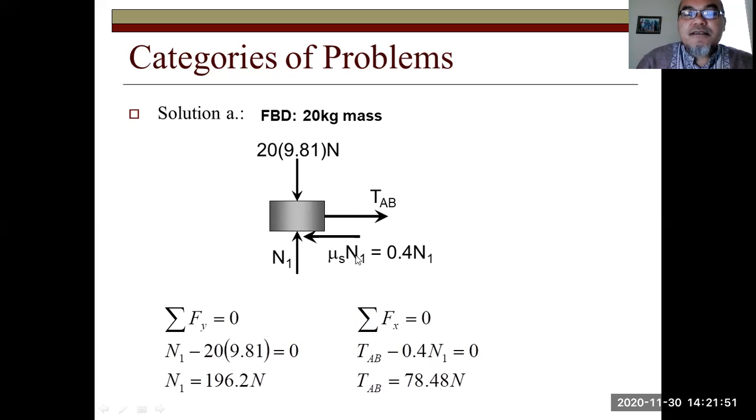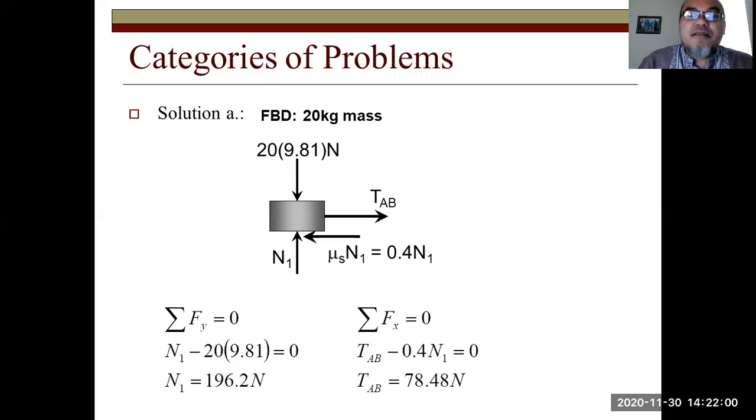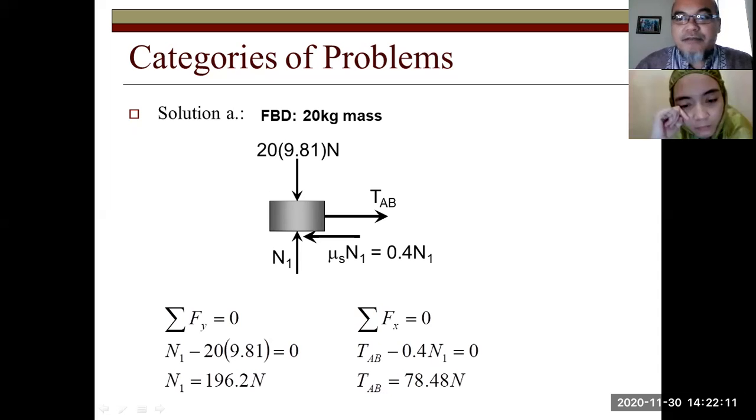Mu S times N1, equals 0.4 times N1. Sigma Fy equals 0: N1 minus 20 times 9.81 equals 0, so N1 equals 196.2 Newton.